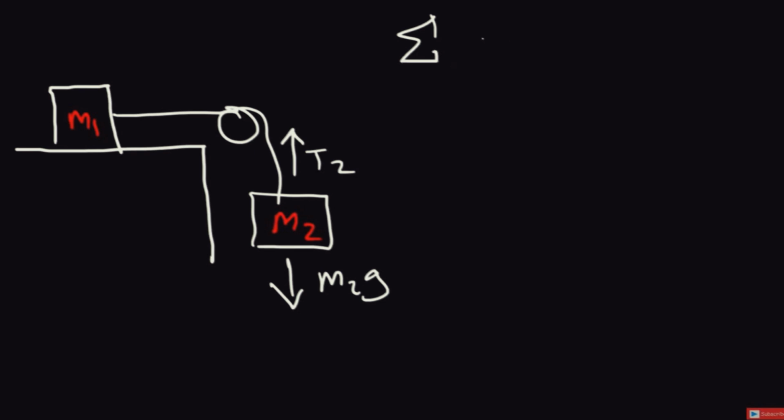The net force in the y direction is equal to the upward tension force, which is going to be positive T2, since it is in the positive y direction, and this is going to be negative m2g because it is in the negative y direction. Now the net force is mass times acceleration, and we can call it y, but the acceleration acting on block 2 is the same as the acceleration acting on block 1.